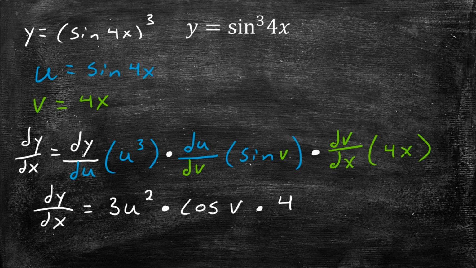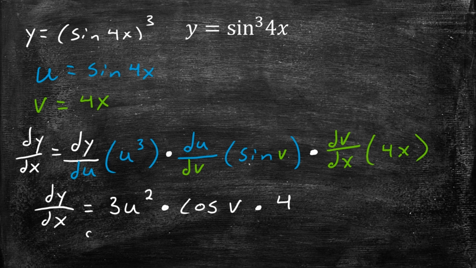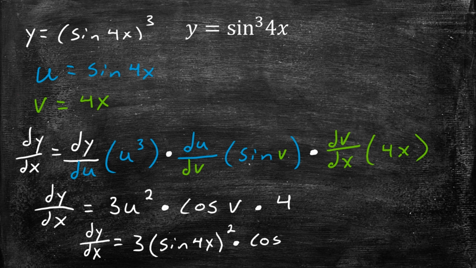Okay, so now we can go ahead and plug in all of our variables, and what we get is dy over dx is equal to 3 times our u value, which is sine of 4x squared, times cosine of v. Our v value is 4x times 4.